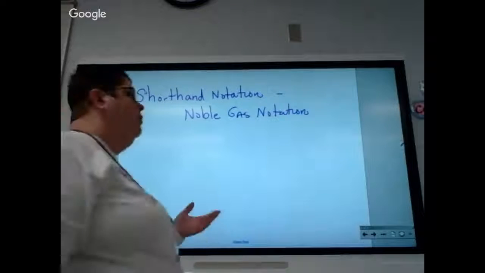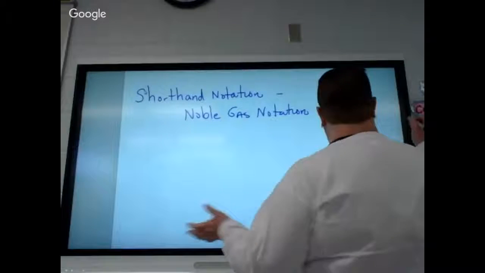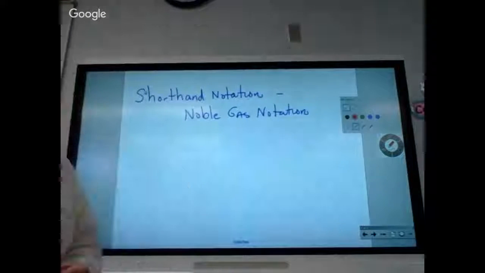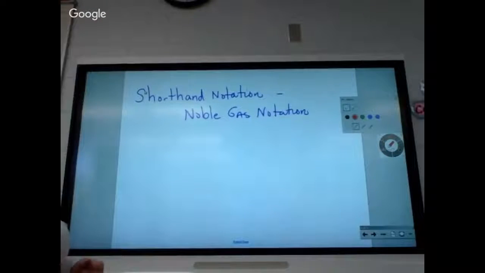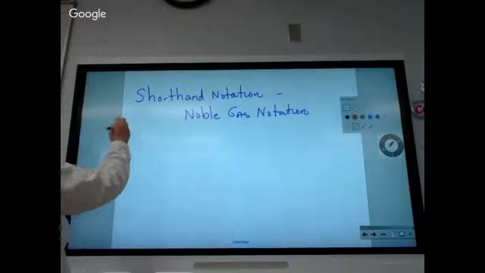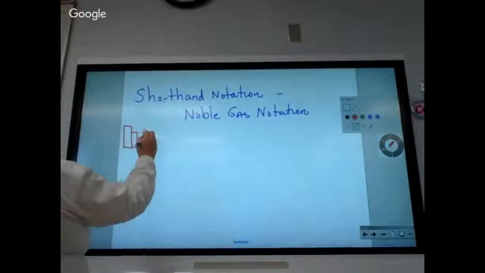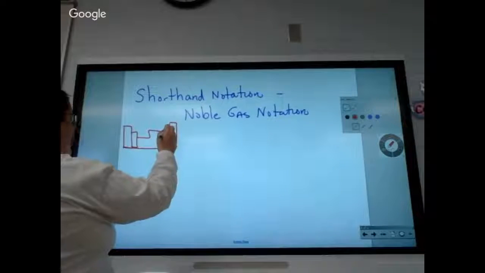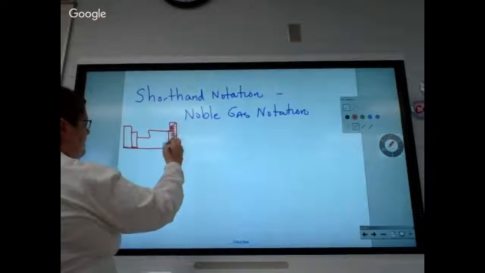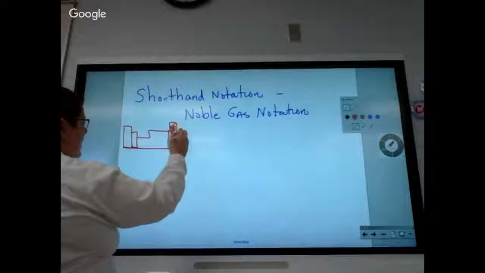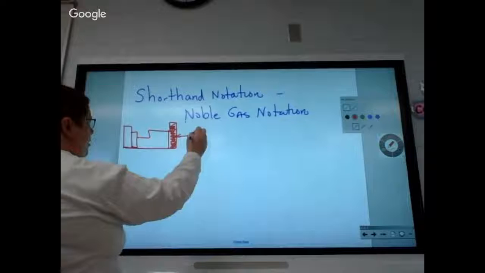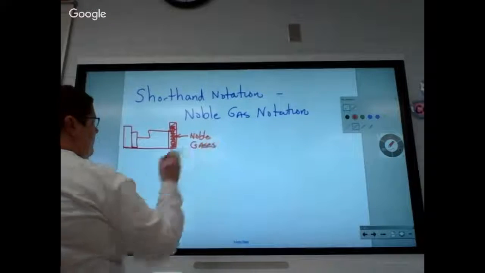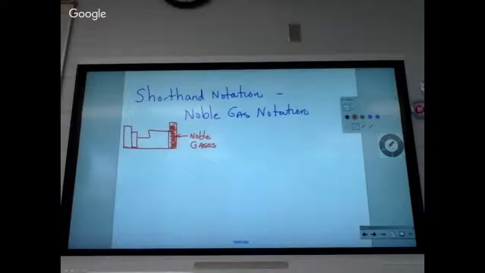Now, some of you, like I've said before, had a better experience in middle school, and someone probably taught you where the noble gases were. Some of you haven't the foggiest notion. So on your periodic table, and we will label this on the one we're coloring on Monday, these, in this very last column, are the noble gases.